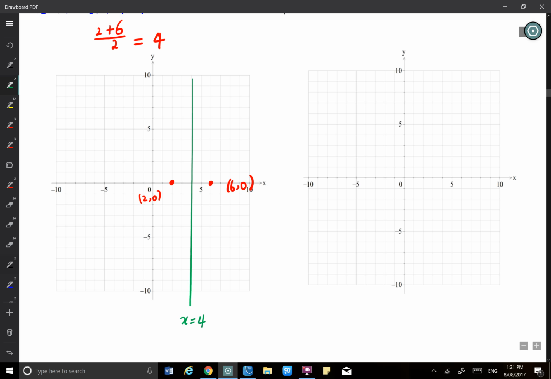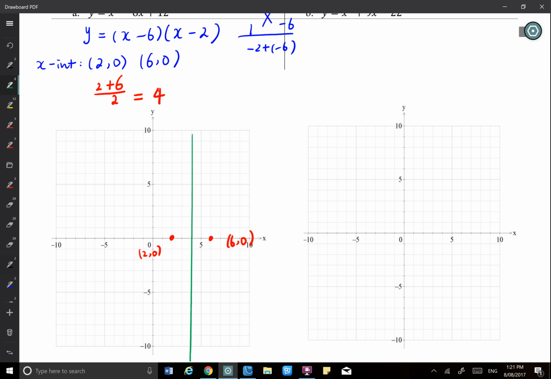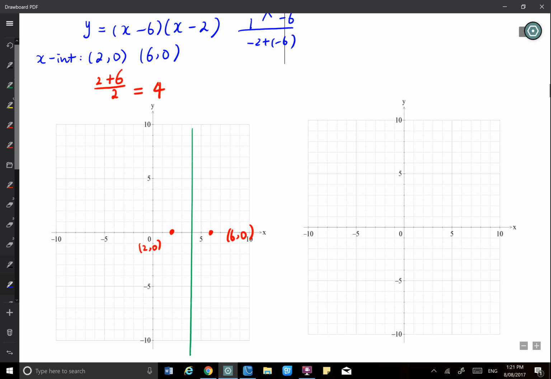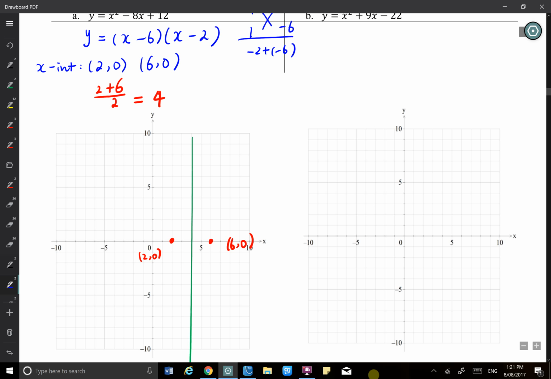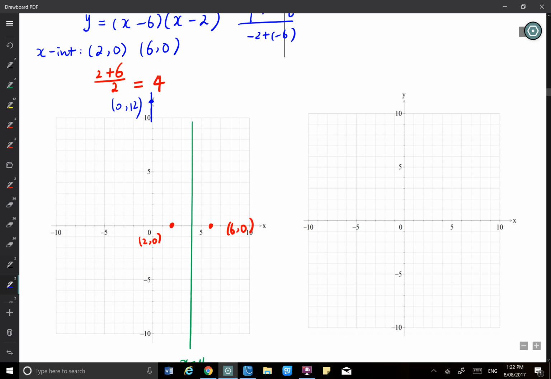My next question is, where's the turning point? Plus 12 is the y-intercept, (0, 12), somewhere here.